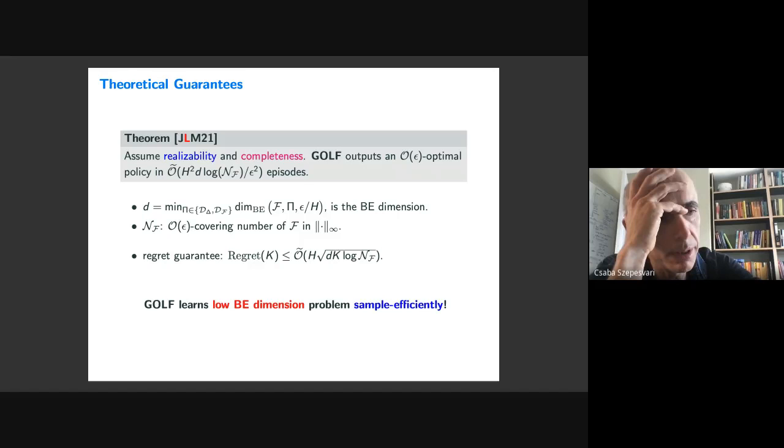So you take all the MDPs whose Bellman Eluder dimension is bounded.